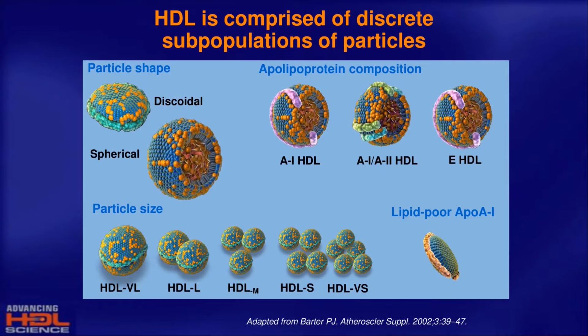Multiple advances in this field allow for even more categorization of HDL subspecies based on their major protein components, in addition to A1, A1A2, and E, as well as the different lipid species. So HDL subspeciation has emerged as a very important area for characterizing structural and potentially functional aspects of the HDL particle.